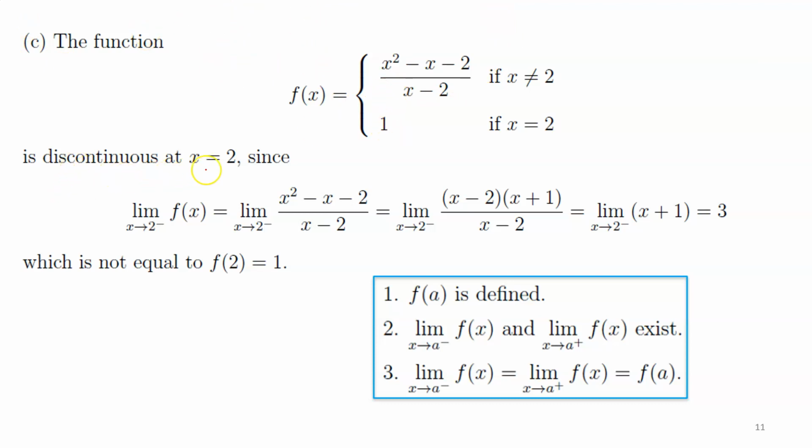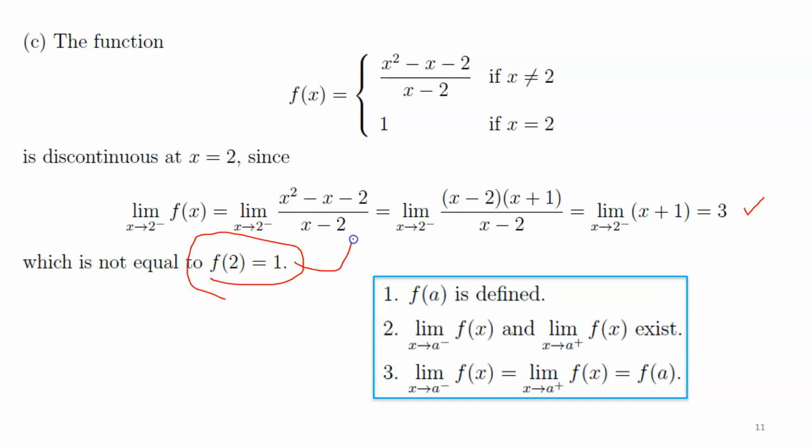When you have piecewise, it is discontinuous also at x equal to 2, because when you check for x from the left, bila you substitute, nanti masuk x equal to 2 dalam ni, then you get the answer equal to 3, which is not equal to f(2). f(2) means you directly substitute 2 tu ke dalam the function. This one is equal to 1. f(2) is this one.